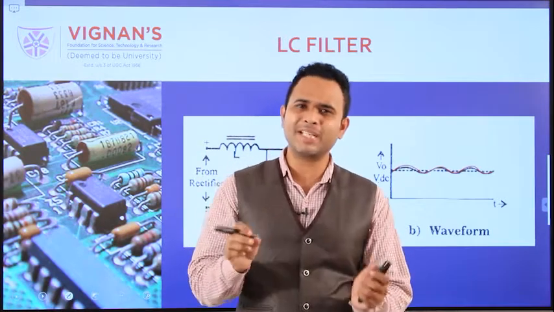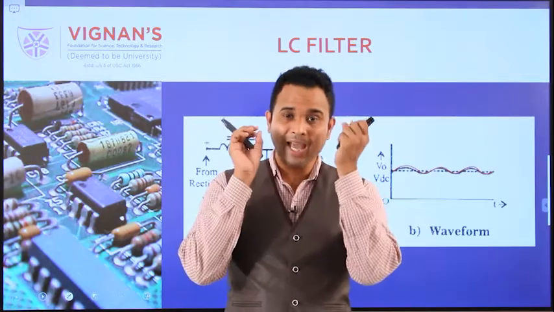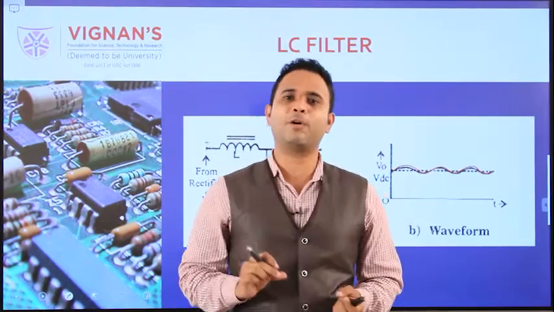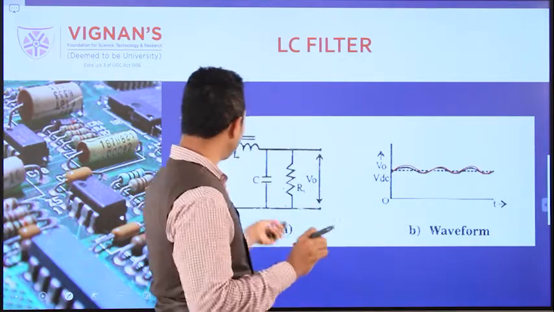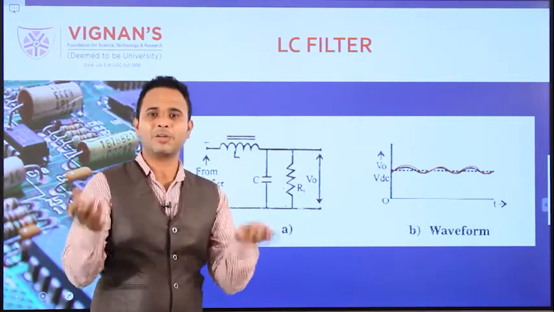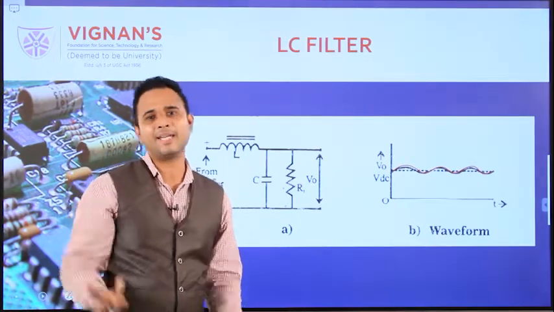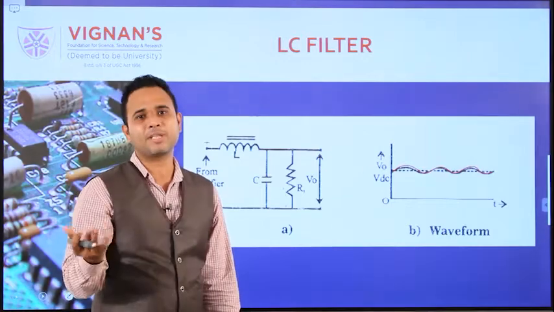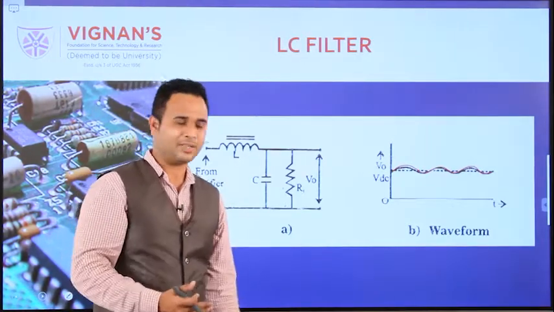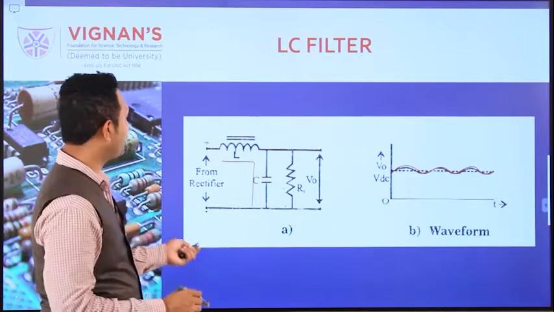If I use only a single inductor filter, we have to use a very low value of load resistance. If I use the parallel capacitor, we can vary the load resistance as high as possible, depending on our consideration. That's why we are using this type of filter.